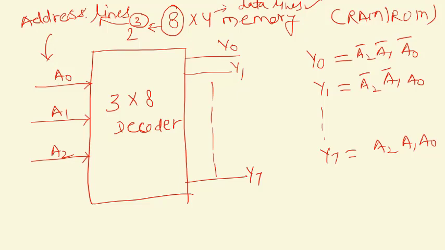And data lines are represented by OR gates, like this.